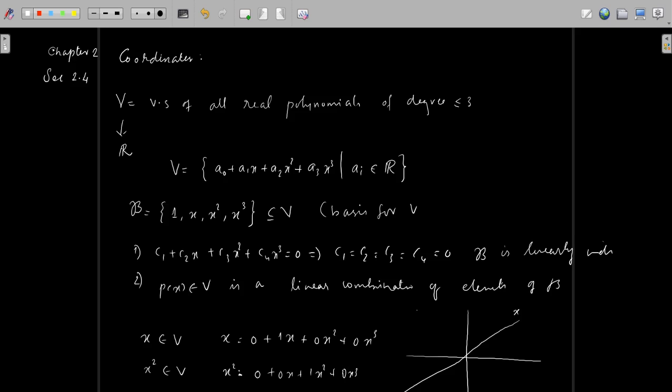So that is a parabola. Again, if we set x cube as an element of V, you can write it as x cube equal to 0 plus 0x plus 0x square plus 1 times x cube. So that will be a graph like this. So when you choose these a0, a1, or ai, you can get different polynomials in V.